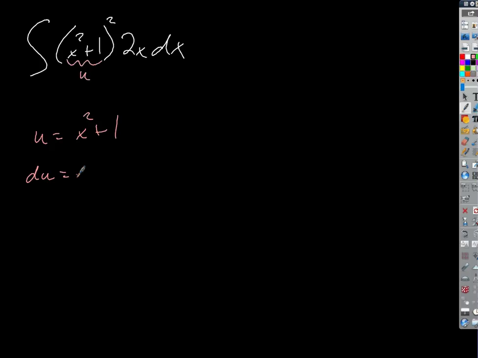This is just a differential form of the derivative. 2x dx, right? Okay, you see why? Because here's the missing step: if u equals x squared plus 1, then du/dx equals 2x, so du equals 2x dx, right?